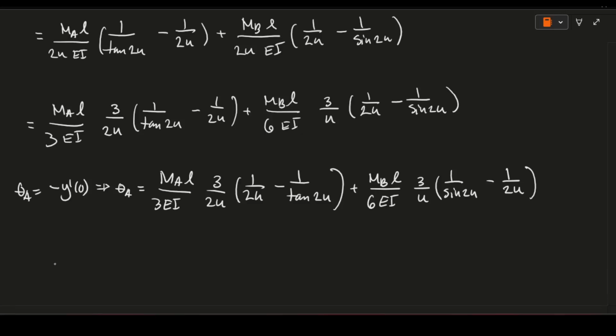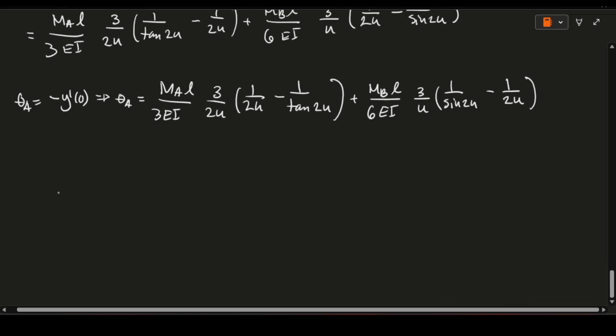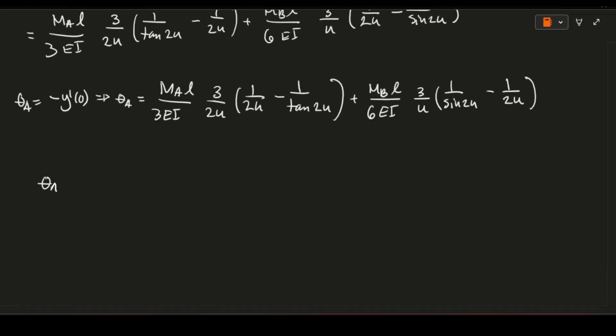This we can write as theta A is equal to MAL over 3EI times psi of U, plus MBL over 6EI times the function phi of U.